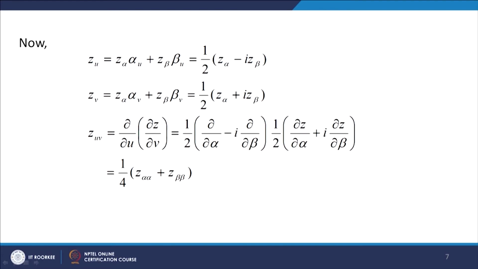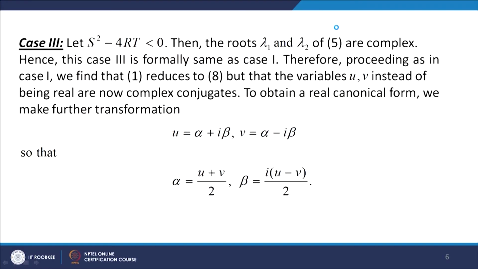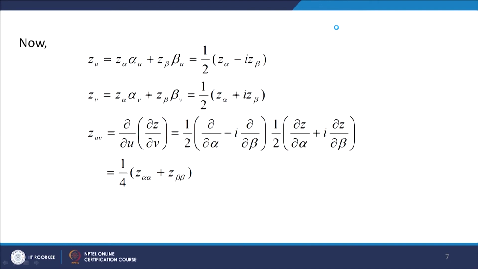Z is a function of U. So the partial derivative of z with respect to U is the partial derivative of z with respect to alpha into the partial derivative of alpha with respect to U, plus the partial derivative of z with respect to beta into the partial derivative of beta with respect to U. Since alpha is equal to (U plus V) by 2, we get alpha U equal to half, alpha V equal to half.